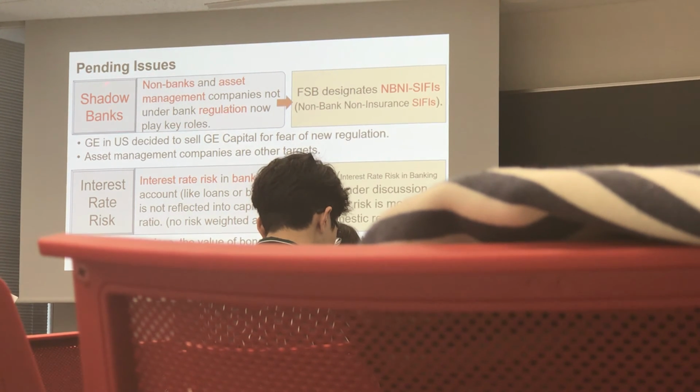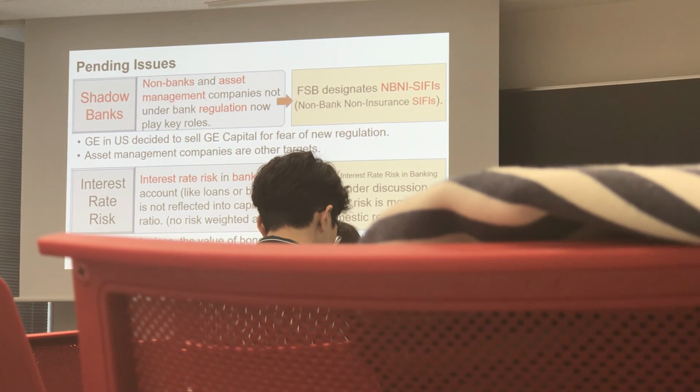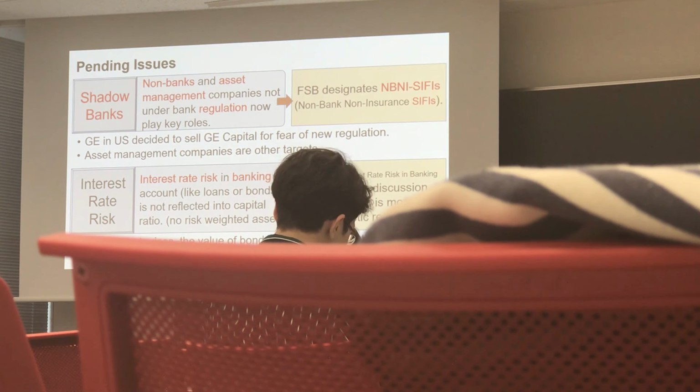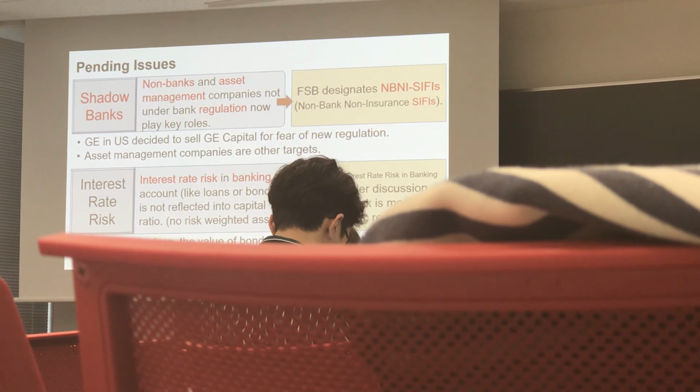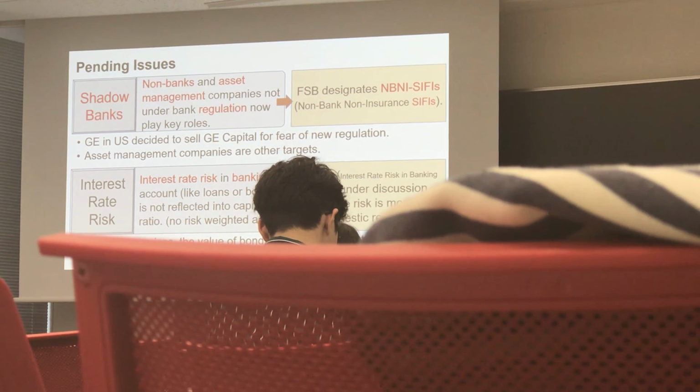One is shadow banks, that is non-banks. Non-banks, like asset management companies and consumer finance companies, are outside the banking regulation. And some of the players, like asset management companies, are big in size, so quite influential in the financial market. Therefore, there is more need for the global regulator to put their hands on these shadow banks.